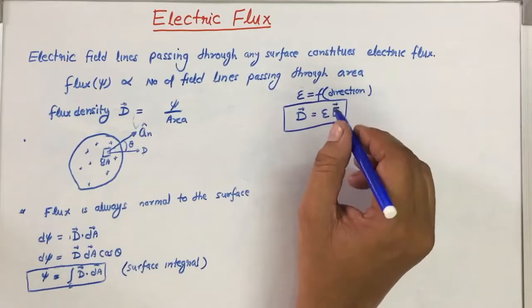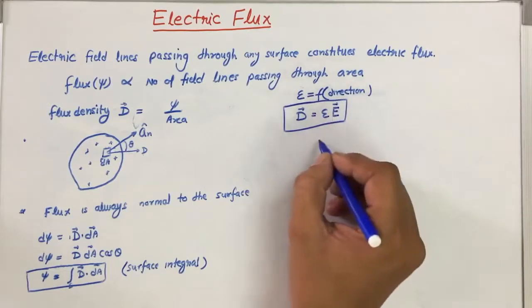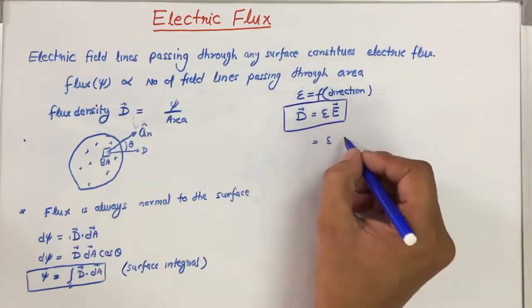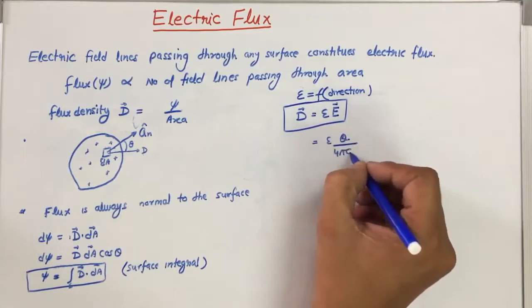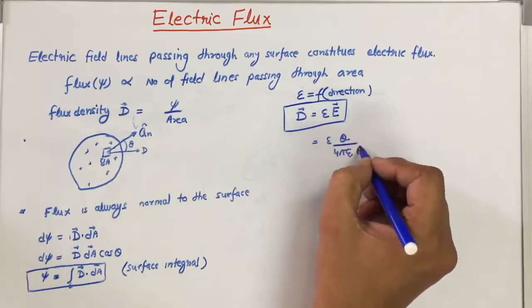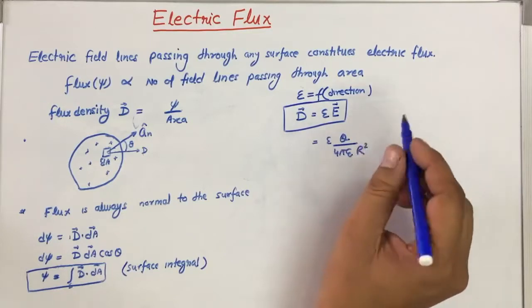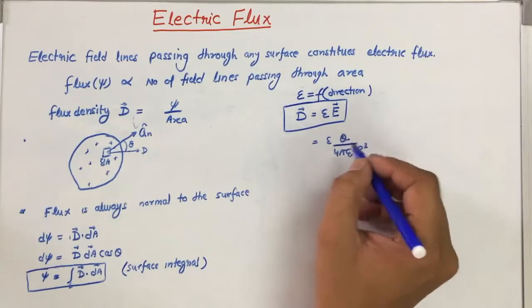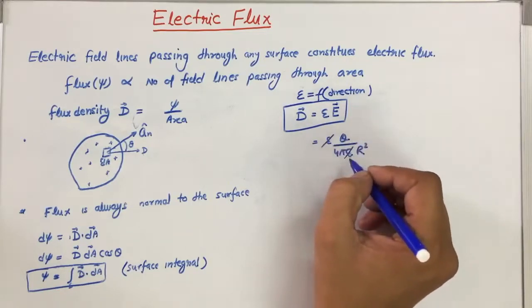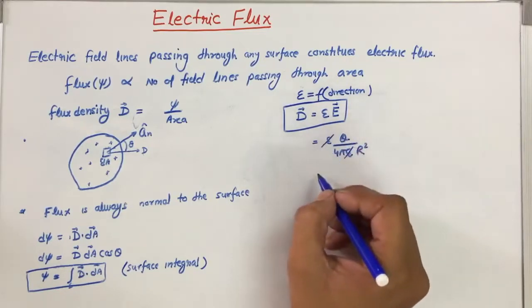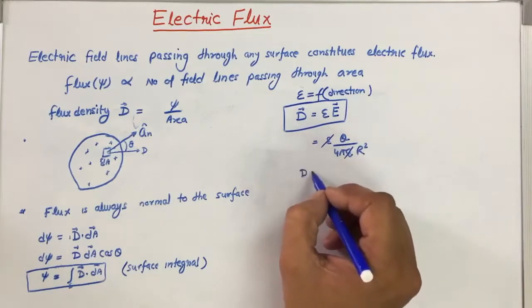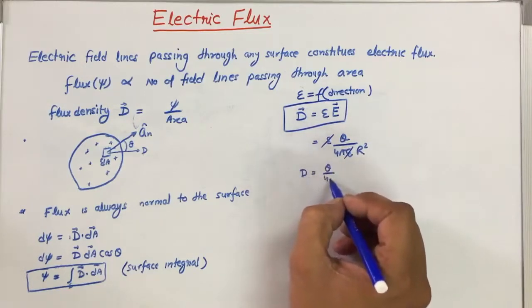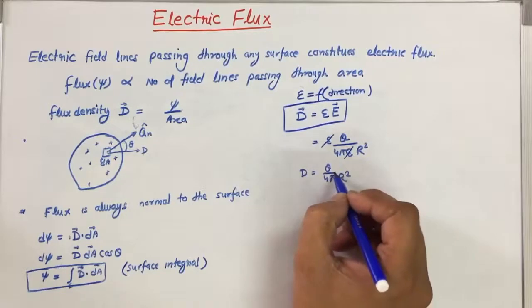Okay, and we know E is Q by 4 pi epsilon R square, and from here epsilon is cancelled out and we can say D will be equal to Q by 4 pi R square.